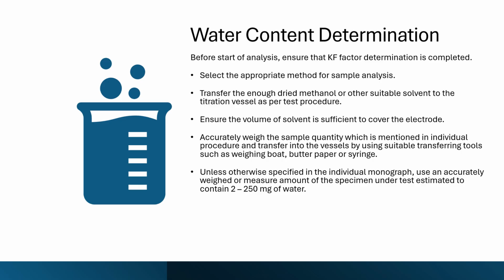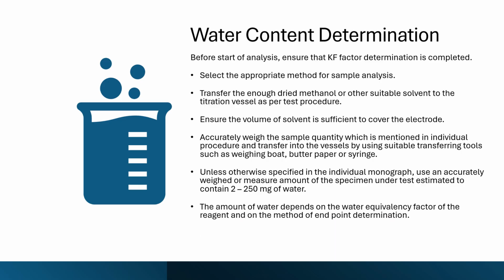In the next step, unless otherwise specified in the individual monograph, use an accurately weighed or measured amount of the sample that is estimated to contain between 2 to 250 mg of water, right? So the amount of water to be analyzed will depend on the water equivalency factor of the reagent and on the method of endpoint determination.